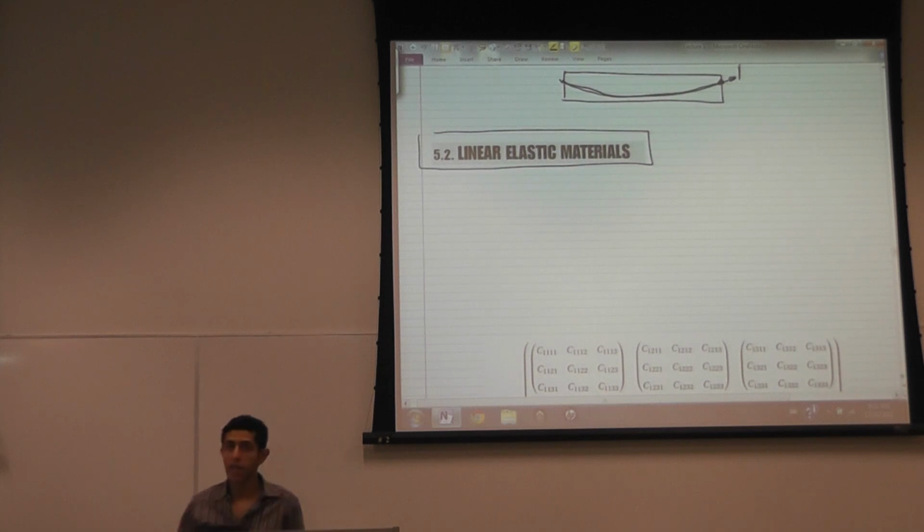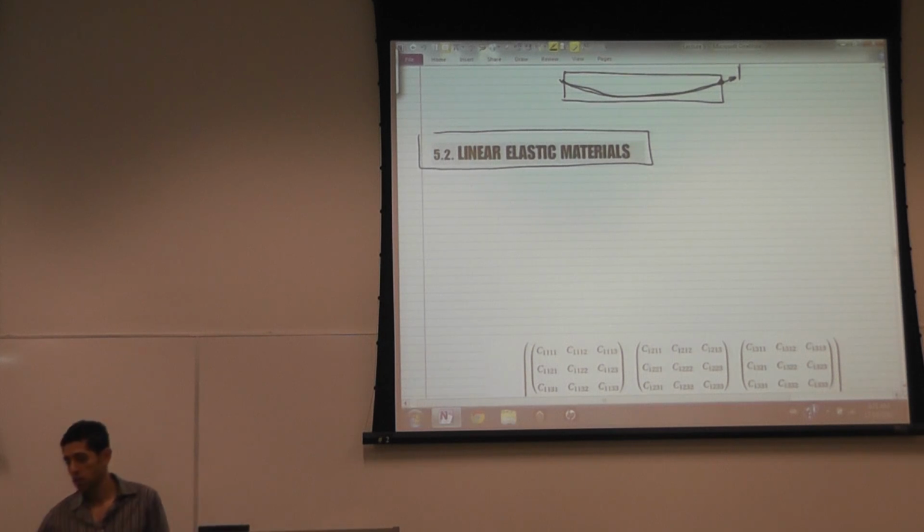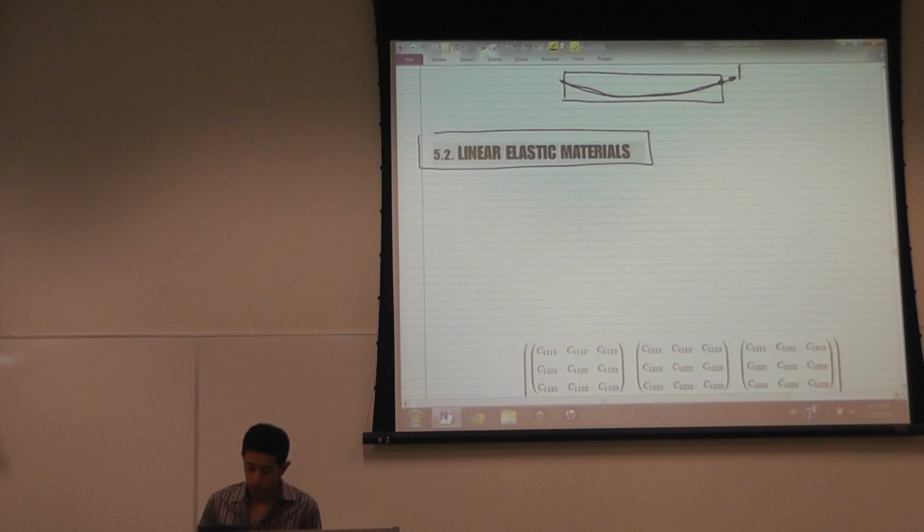A linear elastic material, if I recognize a linear elastic material, I need to know how many constants, how many experiments I need to do to be able to fully explain the relationship between the stress and the strain.